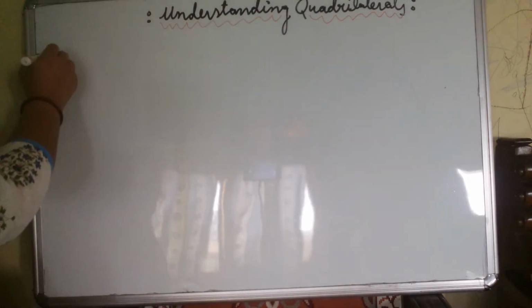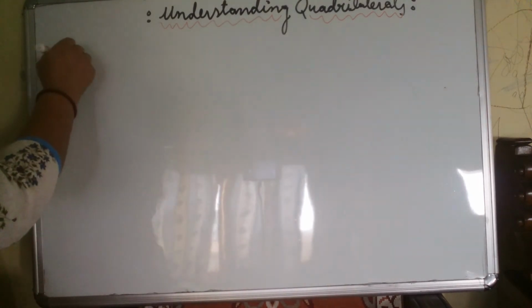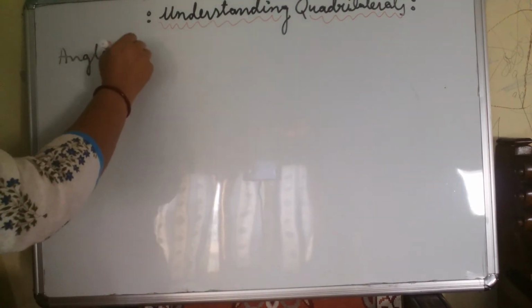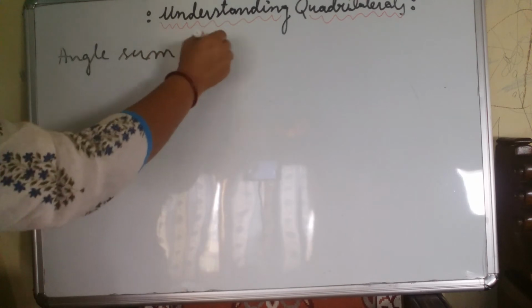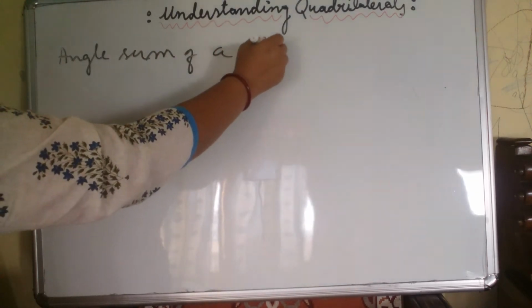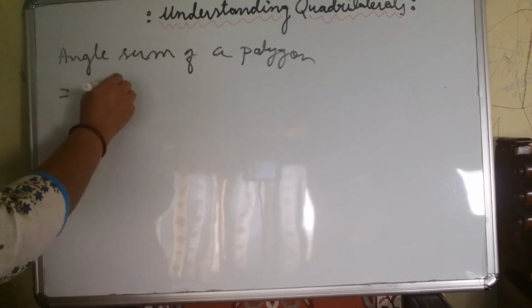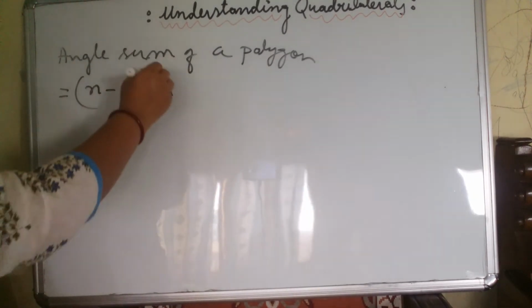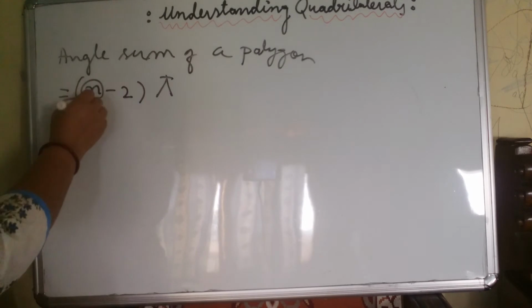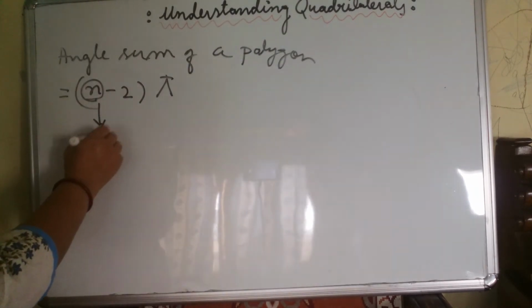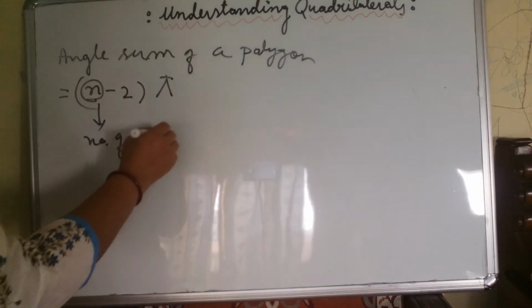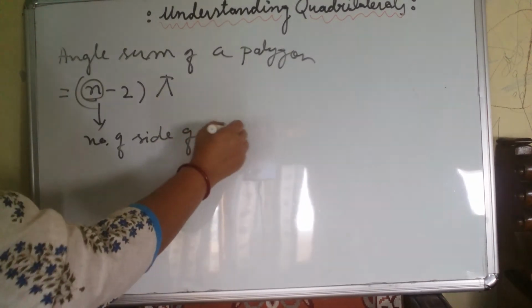So the angle sum of a polygon will be (n minus 2) into pi, where n is the number of sides of a polygon.